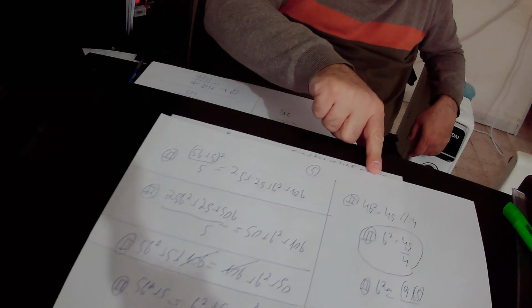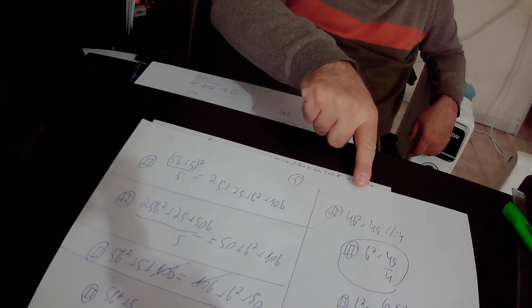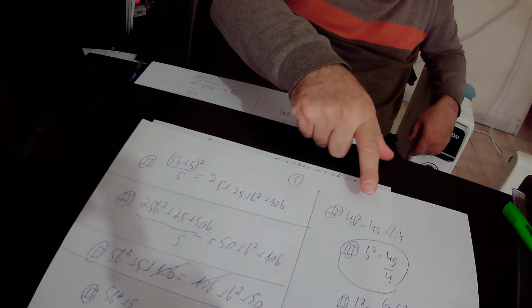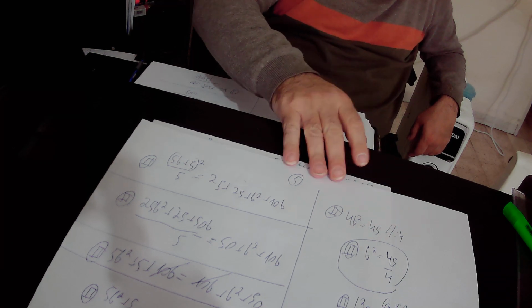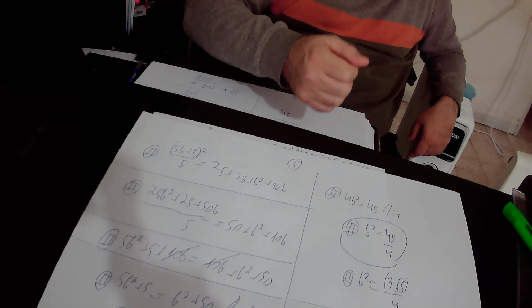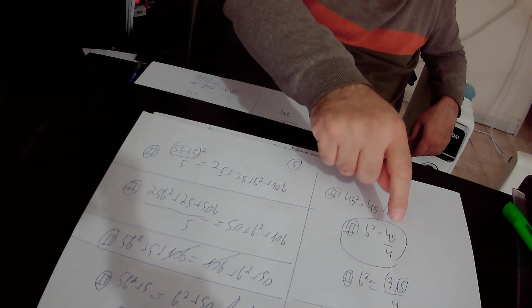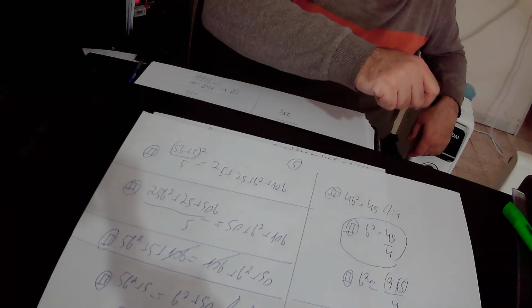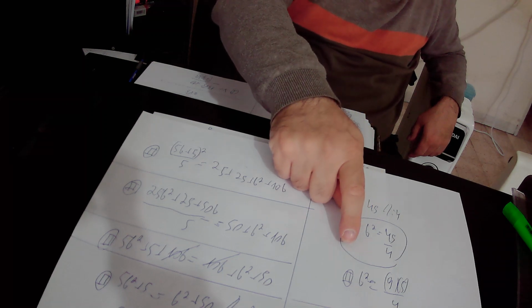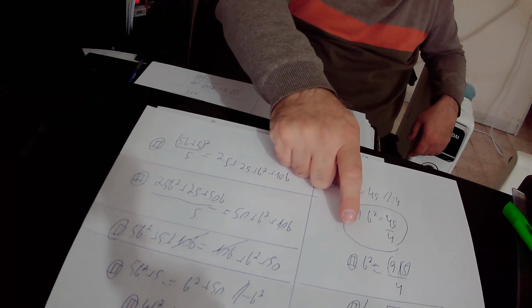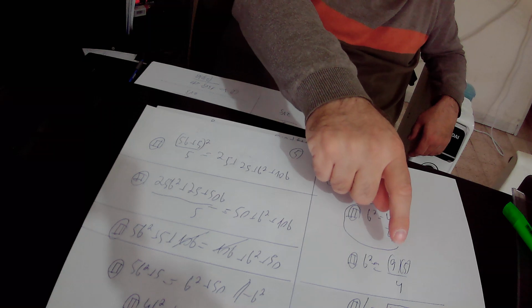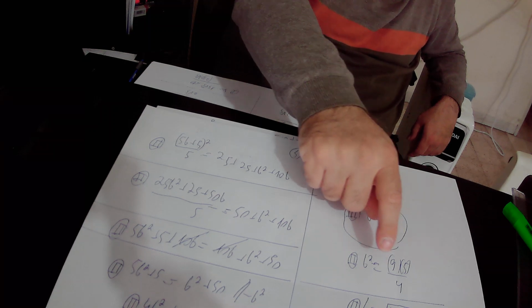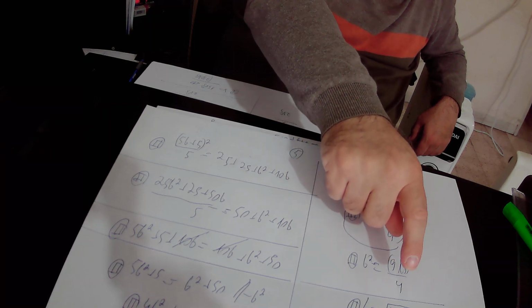Here we divided equation number 2 by 4, and found out that b squared equals 45 over 4. We substitute 45 by 9 times 5 divided by 4. Then we took the square root of this equation, equation number 2, and found out that b equals the square root of 9 times 5 over 4.